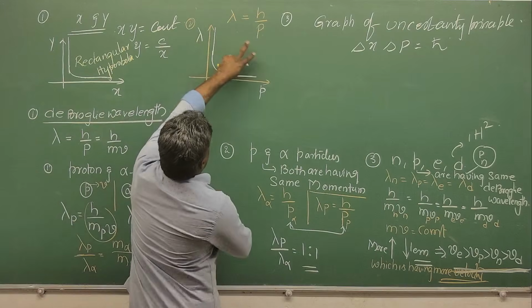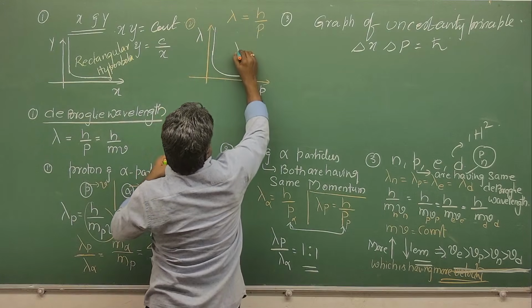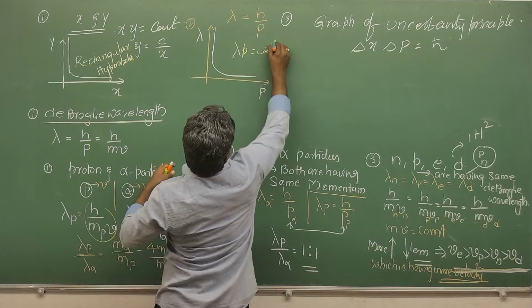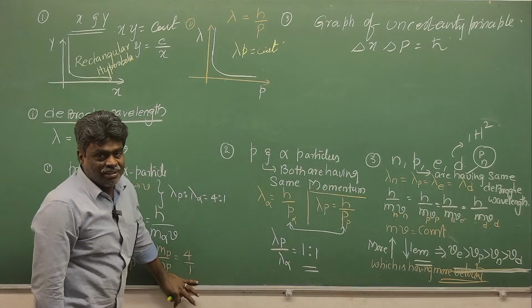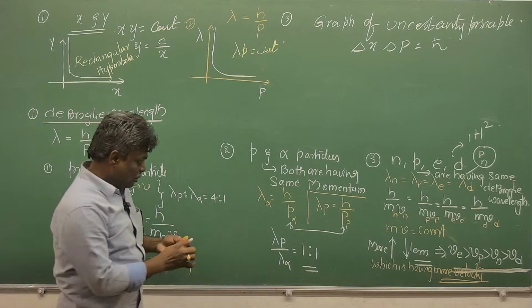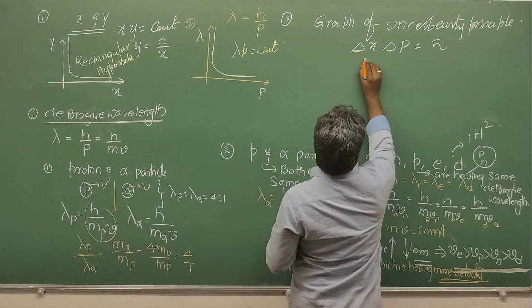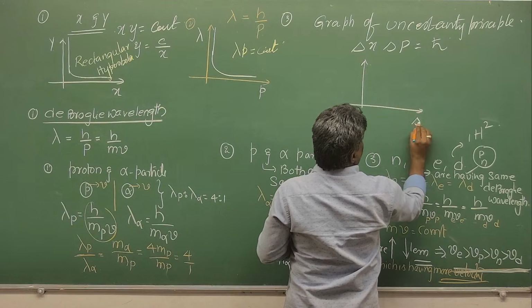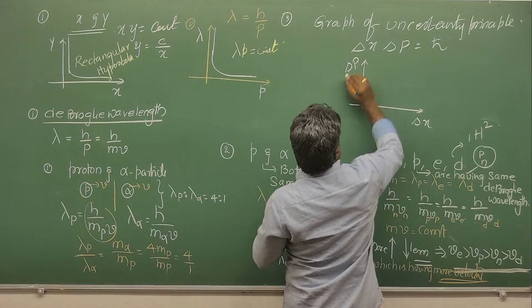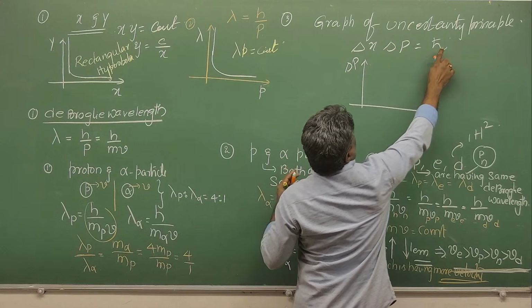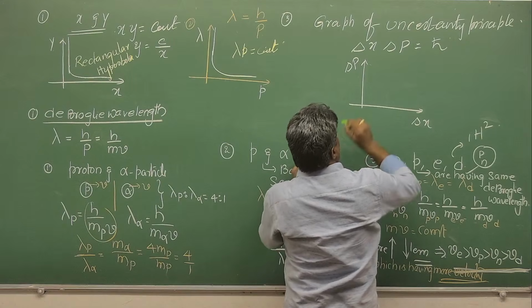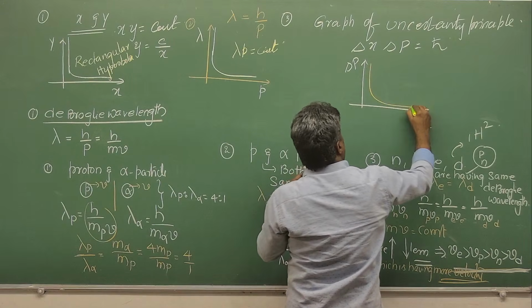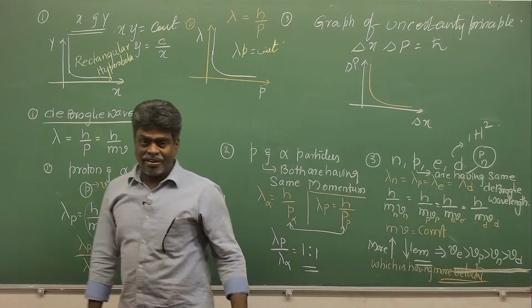You look here, multiply here: lambda into p is constant. So this is also a rectangular hyperbola. You can take this as delta x and delta p. If the product of the two variables is a constant, the graph is a rectangular hyperbola. Clear?